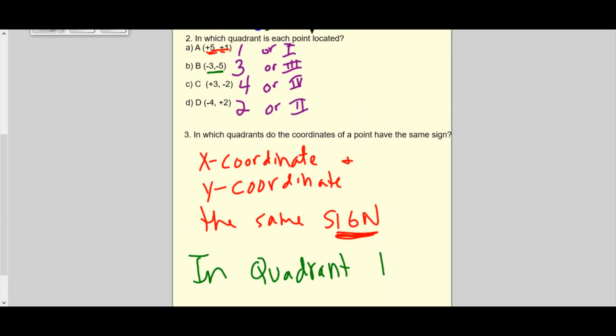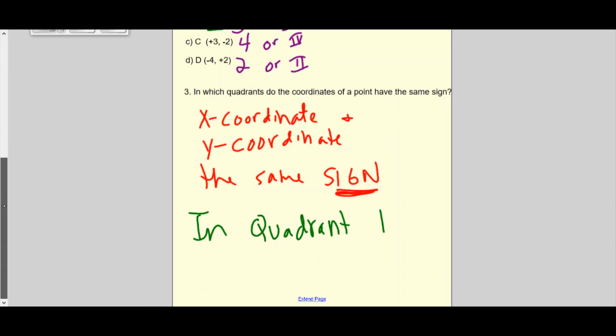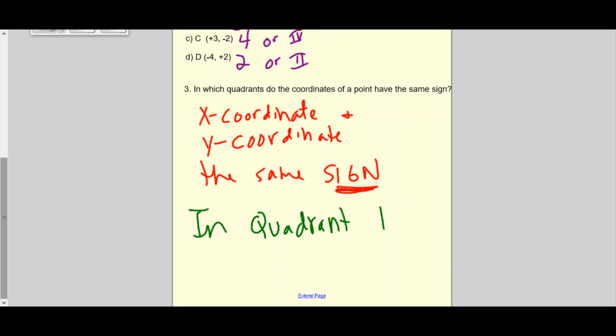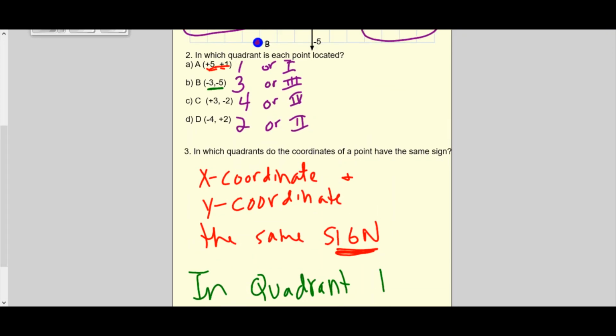So here we have -3 and -5. Those are both negative. That happened in quadrant 3. So let's say in quadrant 1 and quadrant 3. So that's when we had the same signs. Notice in quadrant 4, so for C and for D, quadrant 2, the signs were different. We had one positive and one negative.